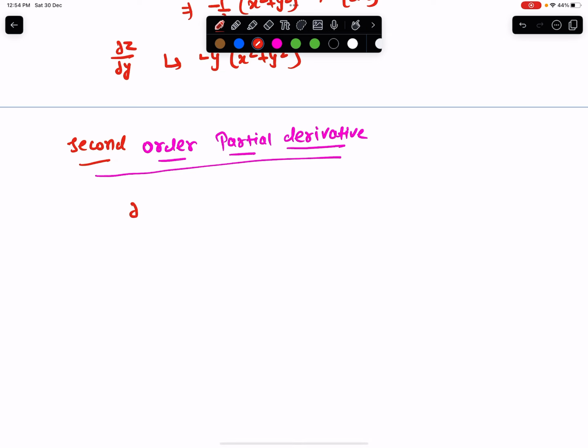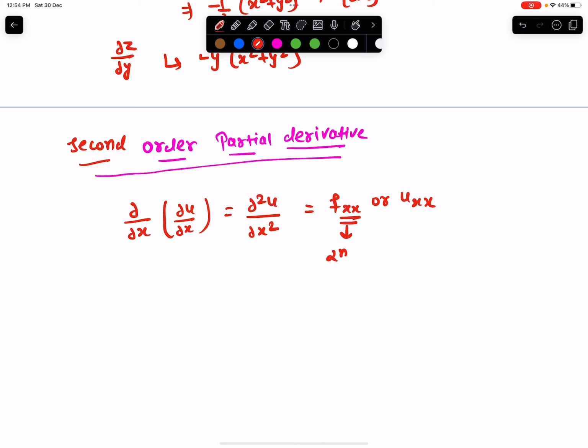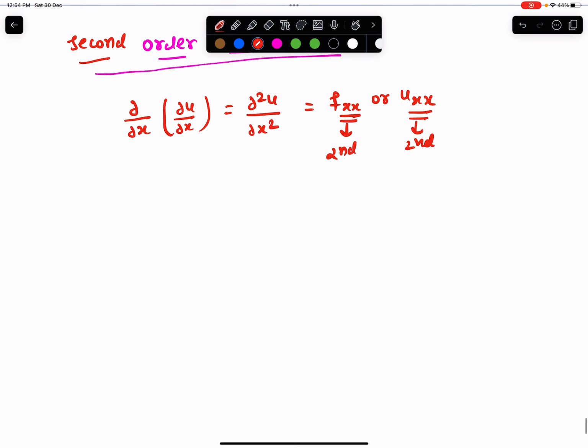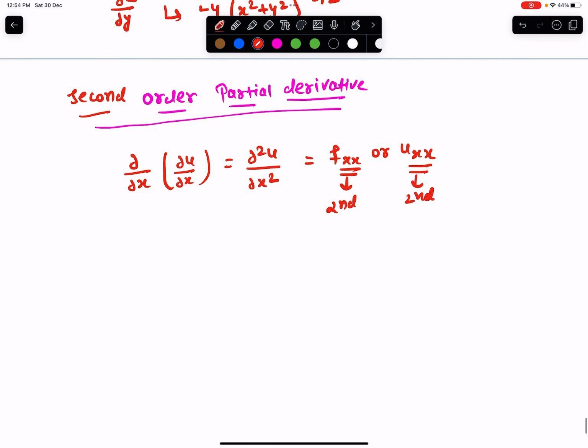What we have to do is ∂/∂x of ∂u/∂x, that equals ∂²u/∂x², or we can write f_xx or u_xx. If we have 2x, that means this is of second order. If we have 1x and 1y, then this is also of second order. If we have 1x, then it is of order 1. So this is for our second order partial derivative.